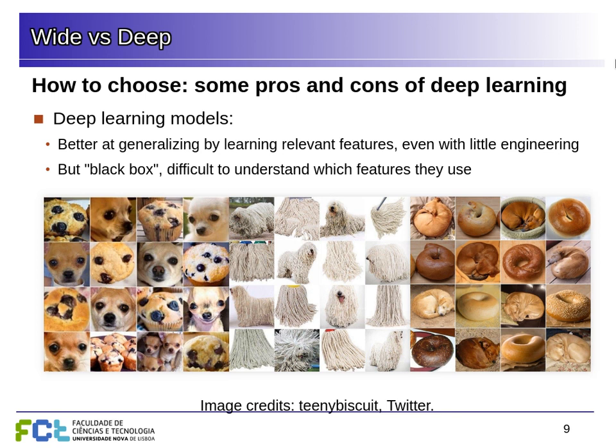So a few years ago, it was a bit popular on Twitter, images of similar things. For example, chihuahuas and raisin muffins, or sheepdogs and mops, and puppies and bagels. They look similar. And it's very hard to tell if you train a neural network, a deep model, to identify images.